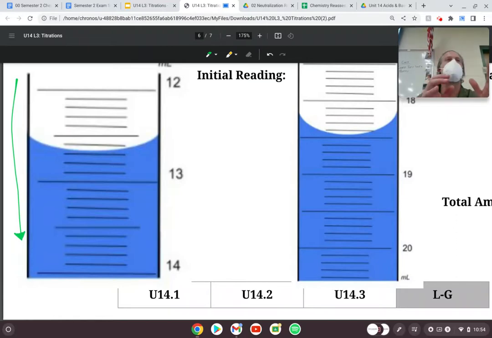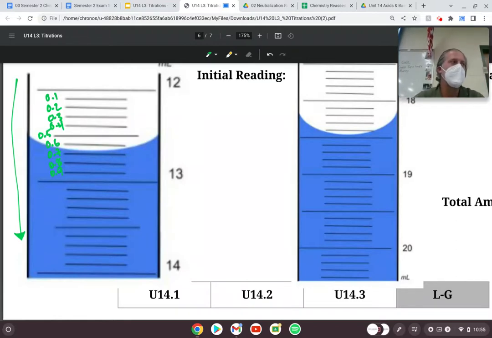Looking at the scale of the burette up here, what is each dash worth? Yeah, it's worth 0.1. So this would be 0.1, 0.2, 0.3, 0.4, 0.5, 0.6, 0.7, 0.8, 0.9.